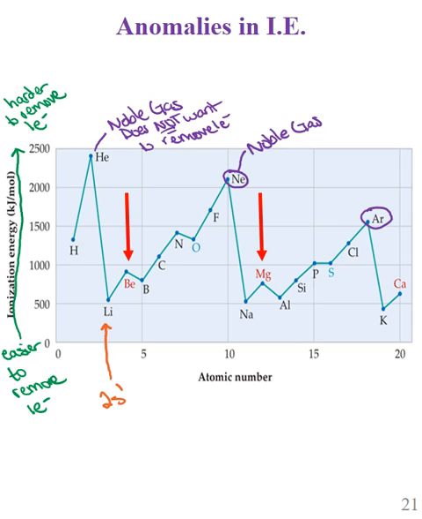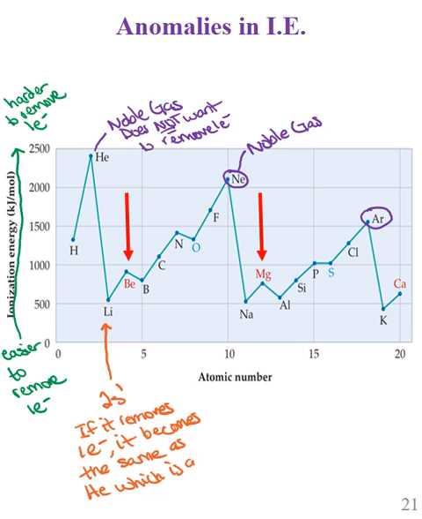If lithium removes one electron, it becomes the same as a noble gas, which would be helium. So if it has the same electron configuration as a noble gas, it's really happy. So lithium will want to remove an electron.